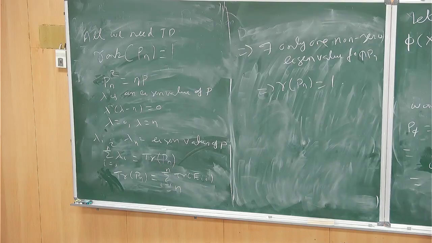So rank of Pn is 1, and everything follows. This implies the Choi rank, the number d, is exactly the rank of this.